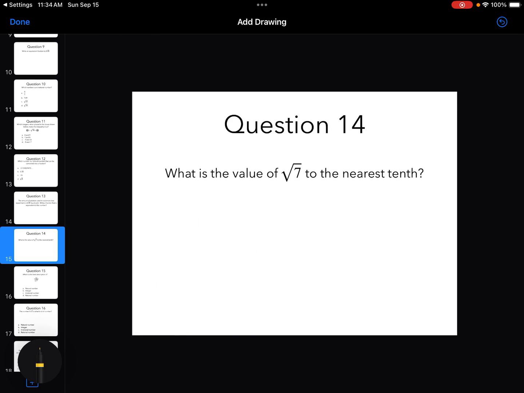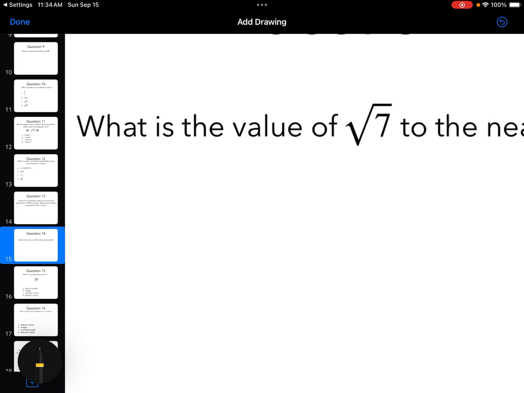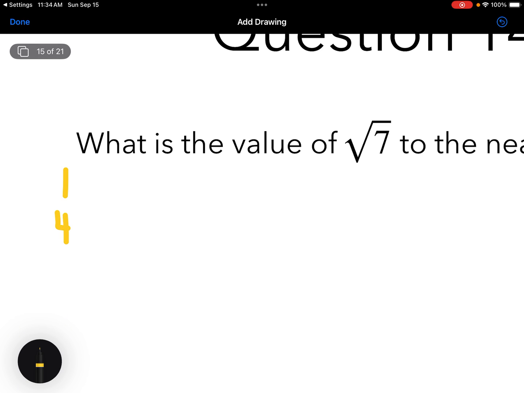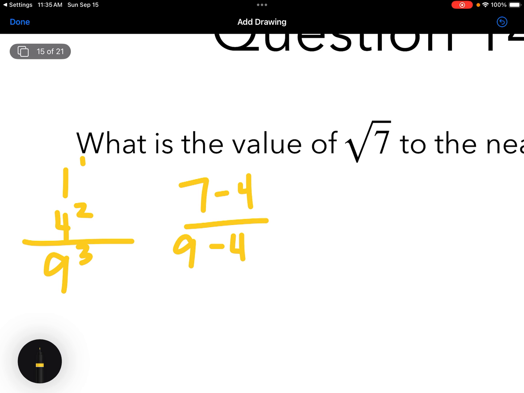All right, the next one is what is the value of the square root of 7 to the nearest tenth? So I've got 1, 4, 9. So I know that my perfect square is going to fall right here between these two. So I do 7 minus 4 divided by 9 minus 4.